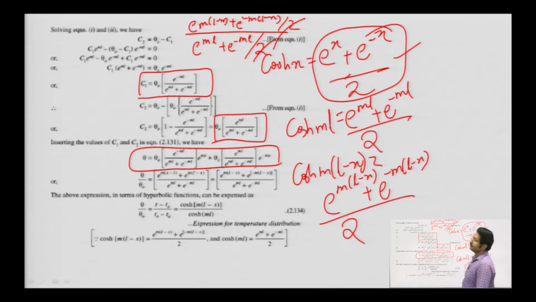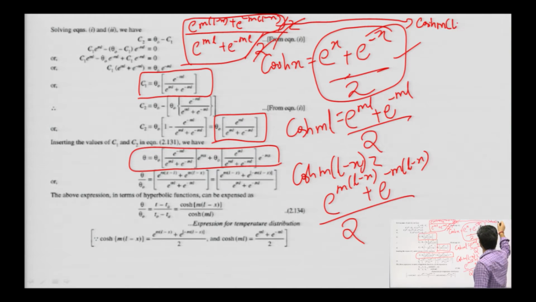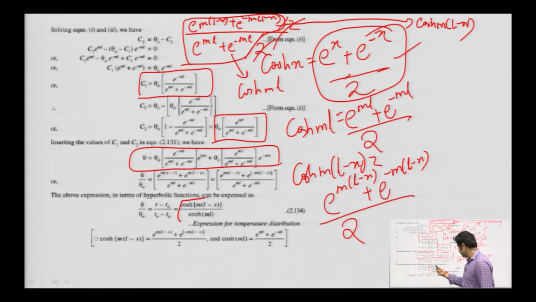So 2 will be nullified. So what's remaining? This. The top part will be cosh m(L minus x), and the bottom part will be cosh mL. So here it is.